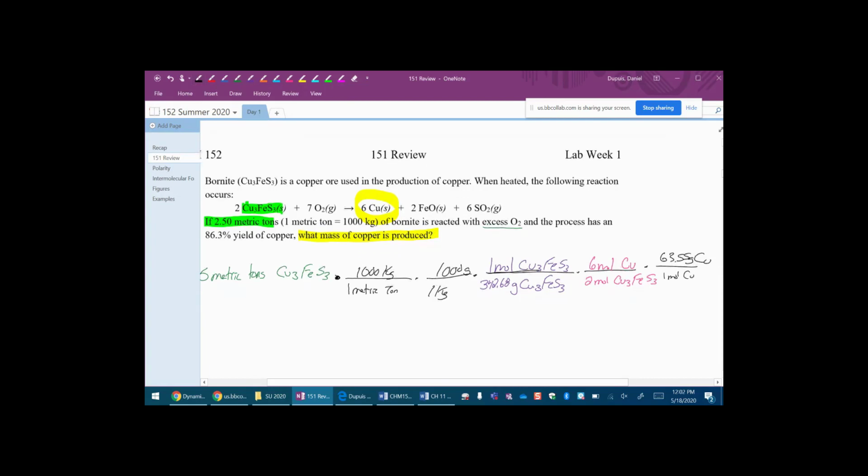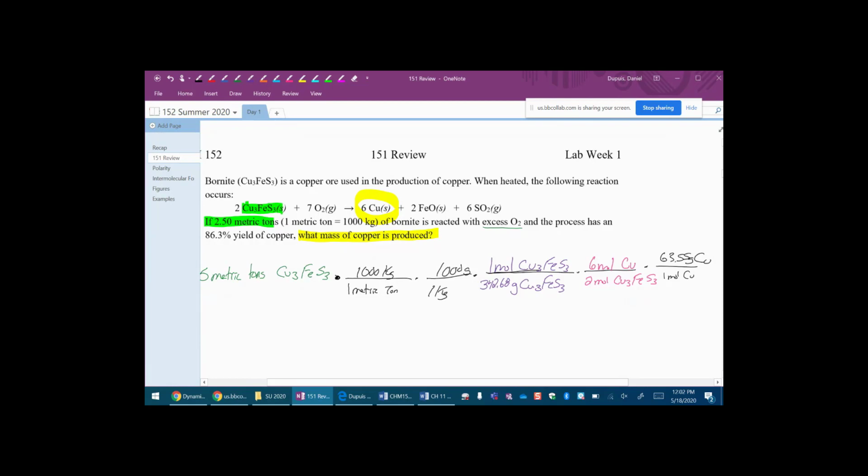All right. And so if I do this math, 5 times 1,000 times 1,000 divide 342.68 times 6 divide 3 times 63.55, sorry, 63.55.